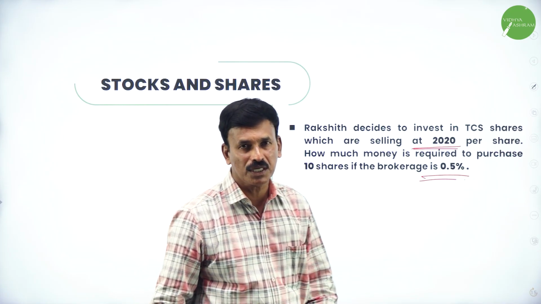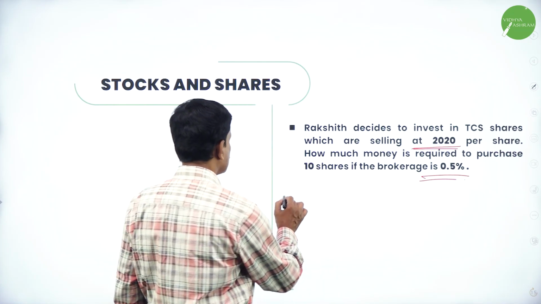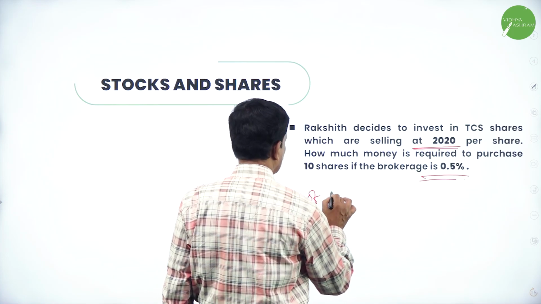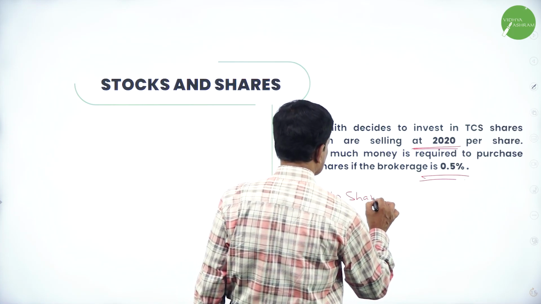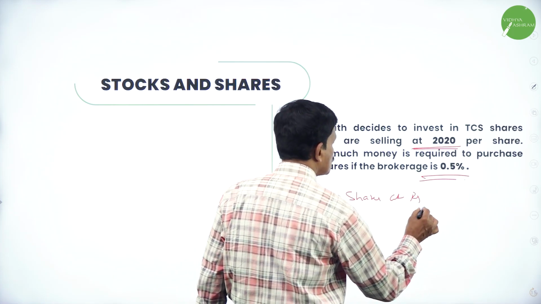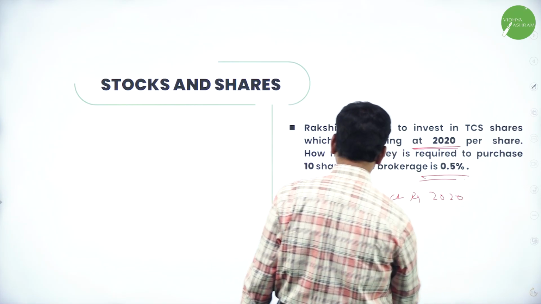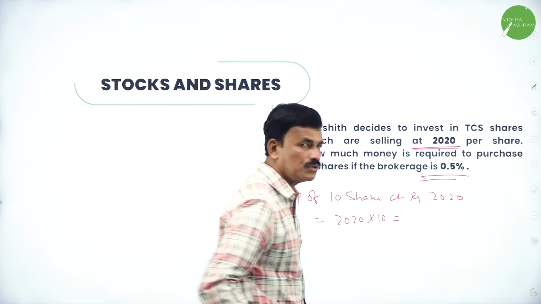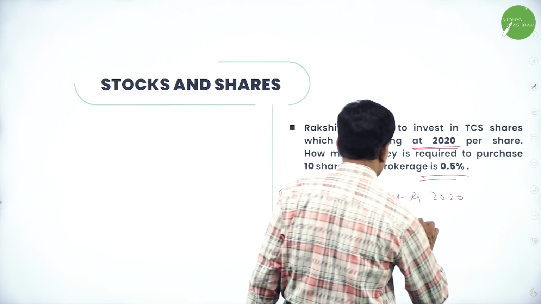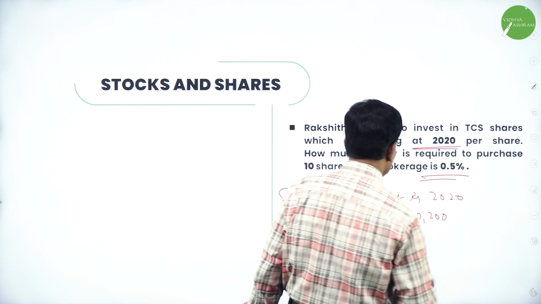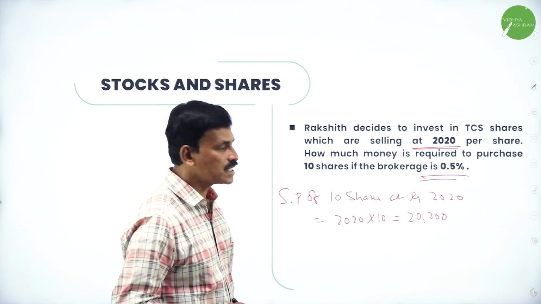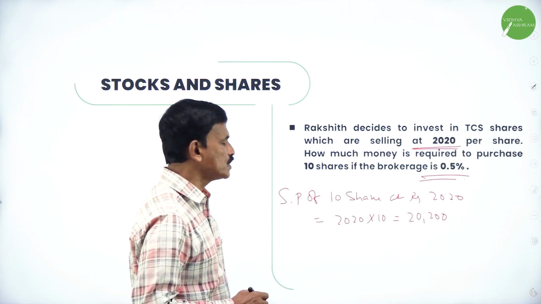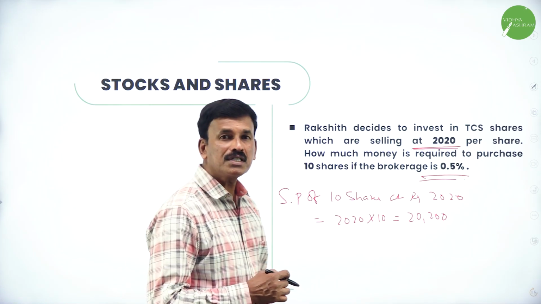Now just find out the selling price. The selling price of 10 shares at rupees 2020 is equal to 2020 into 10, that's equal to 20,200. Now what is the brokerage?